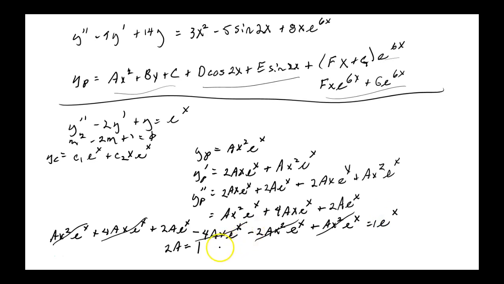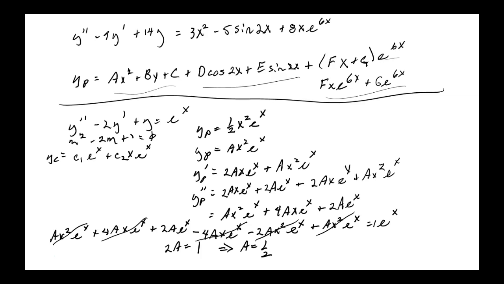Okay, so that implies that a is 1/2. So now we can go up here and say a particular solution would be y sub p is equal to 1/2 x squared e to the x. And that doesn't bother at all with your complementary solution.